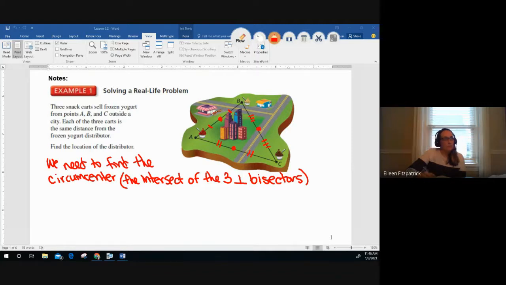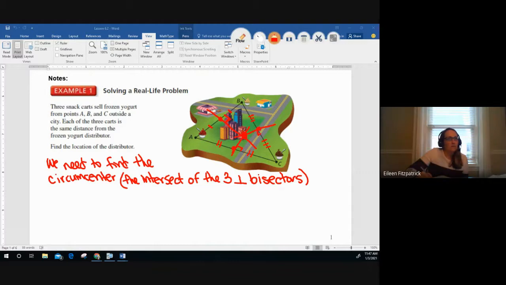Now my perpendicular bisector has to go perpendicular through this midpoint. So I'm going to draw a segment that appears to be perpendicular. Then from here, a segment that looks like it's perpendicular, something like that. And then here, my sketch is not the best, but okay.